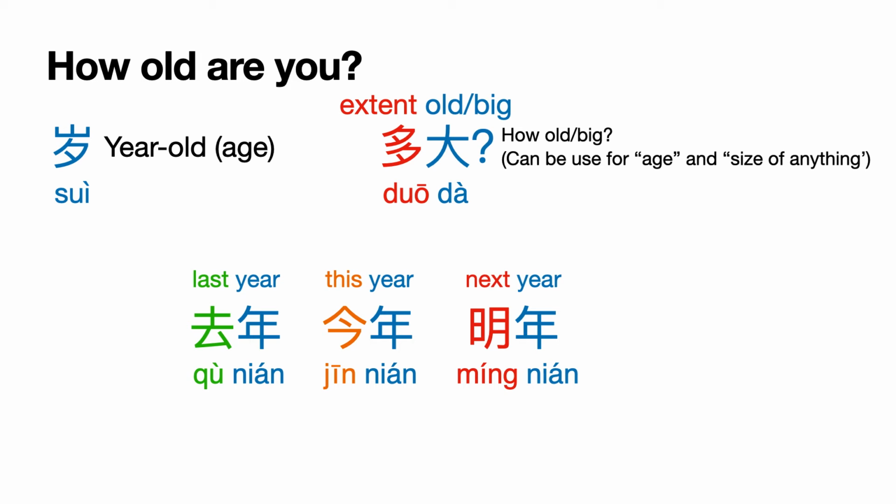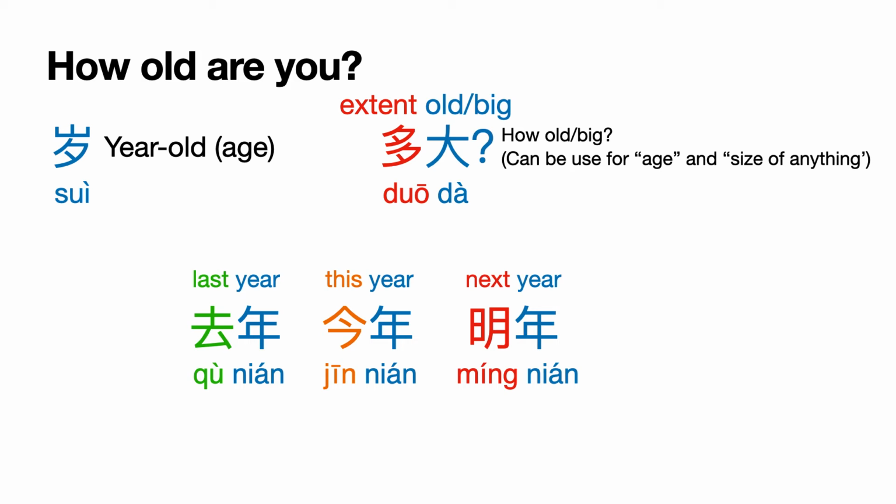Okay, now we are going to learn a few words so that we can ask people, how old are you? So in Chinese, years old or age is 岁. Or you could use the term 多大, how old or how big. 多 basically means how many, how much, or the extent.